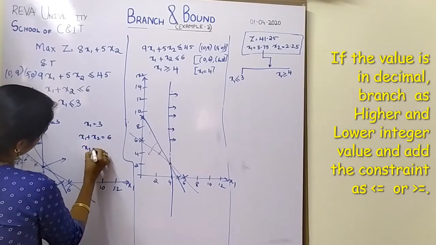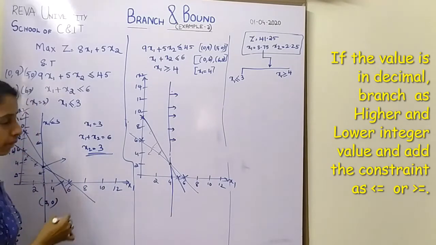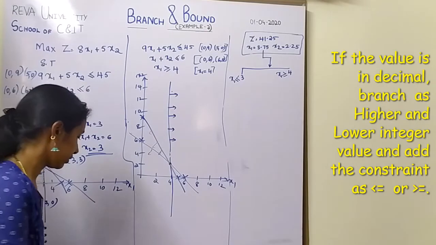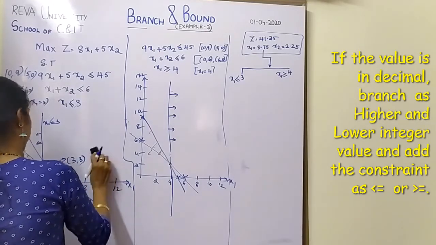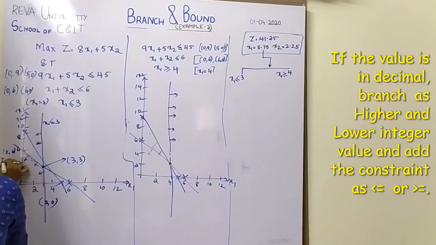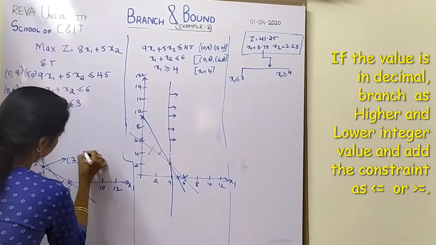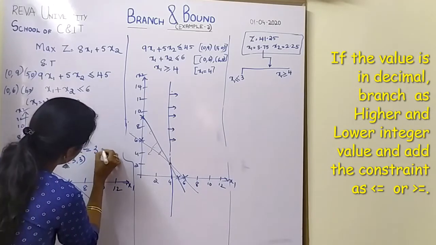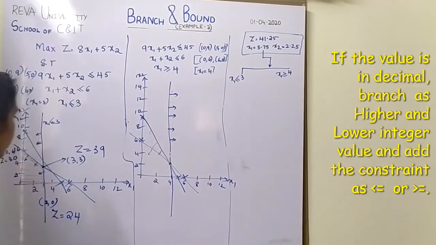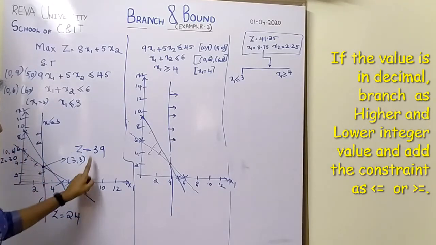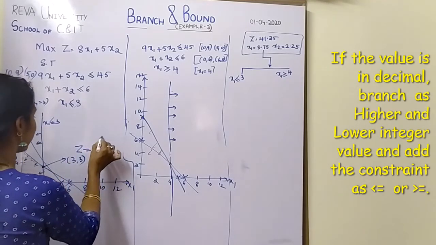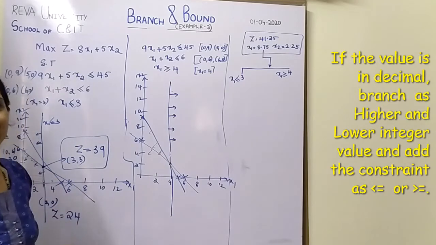So x2 will be equal to 3. So 3 comma 3. This is one more point. Now the maximum value for z at 0 comma 6 is 30, here it is 39, and here it is 24. So 30, 24 and 39. The maximum among these is the value we have to consider.